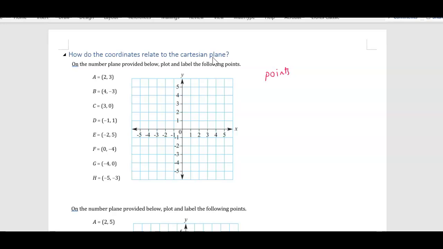Points on a line or on the Cartesian plane. Now, Cartesian plane is just a fancy word for this grid and the axes. So I might write that. Coordinates are.